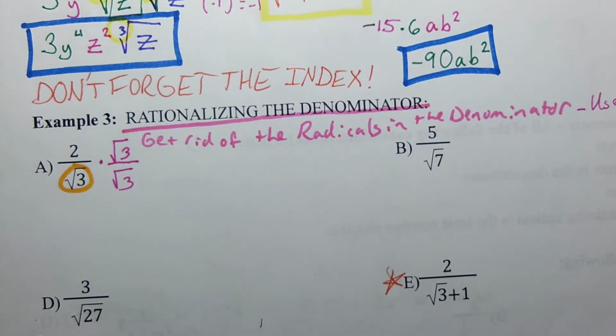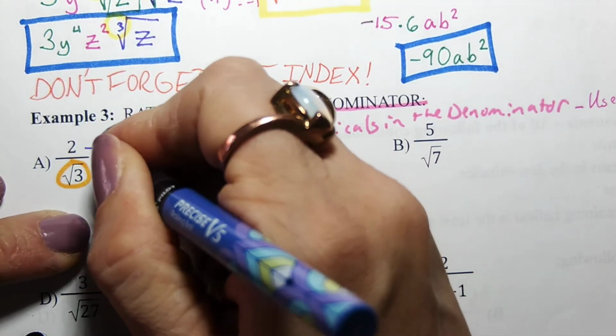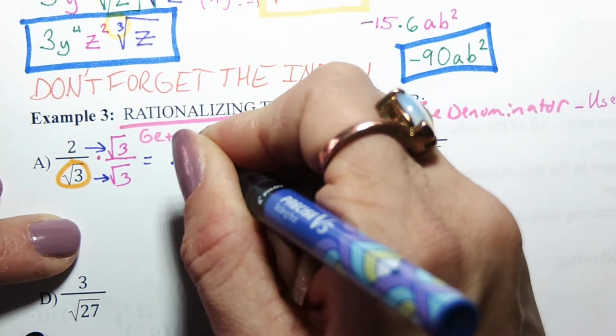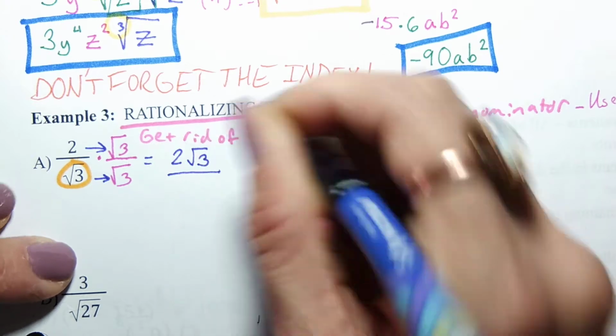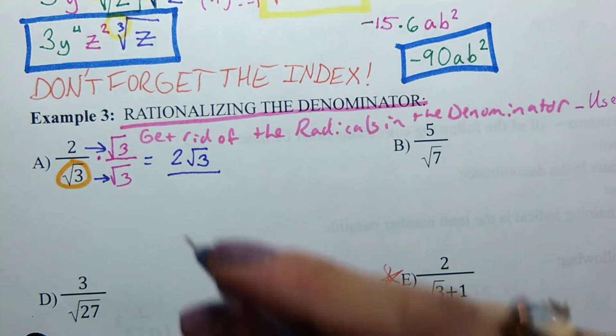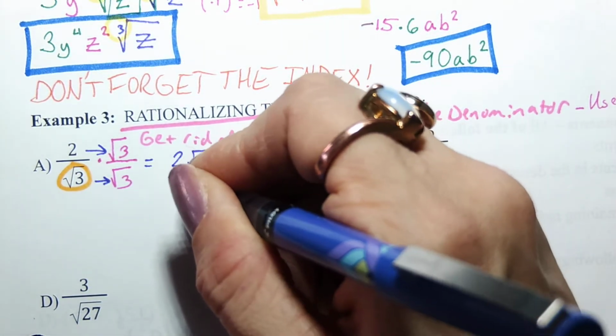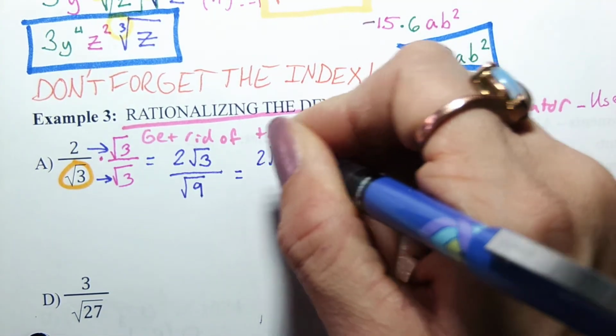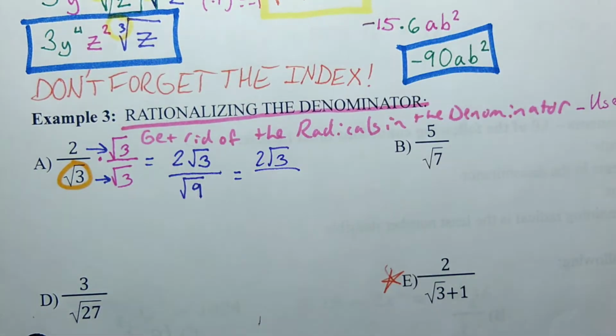So on this one, when we go to multiply straight across, we multiply 2 times radical 3, which gives me 2 radical 3. And then on the bottom, what's radical 3 times radical 3? Radical 9. And then, can I simplify the square root of 9?